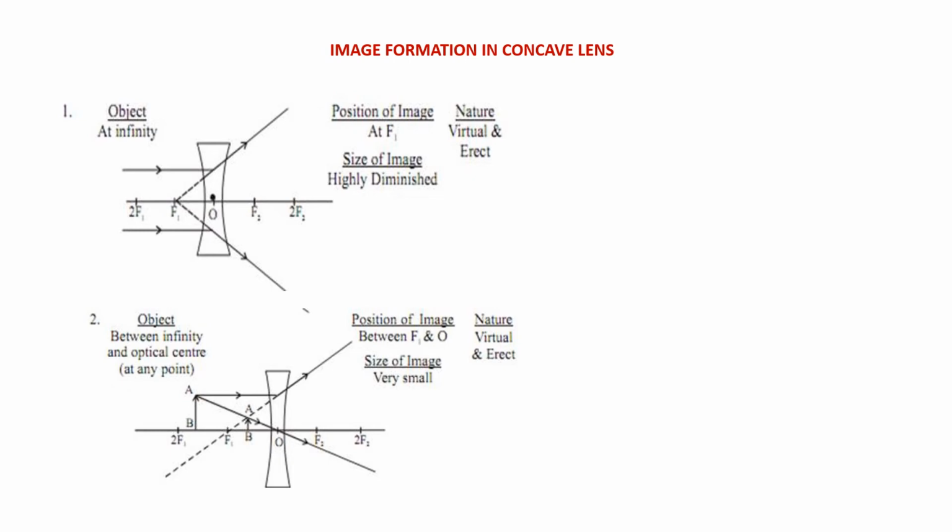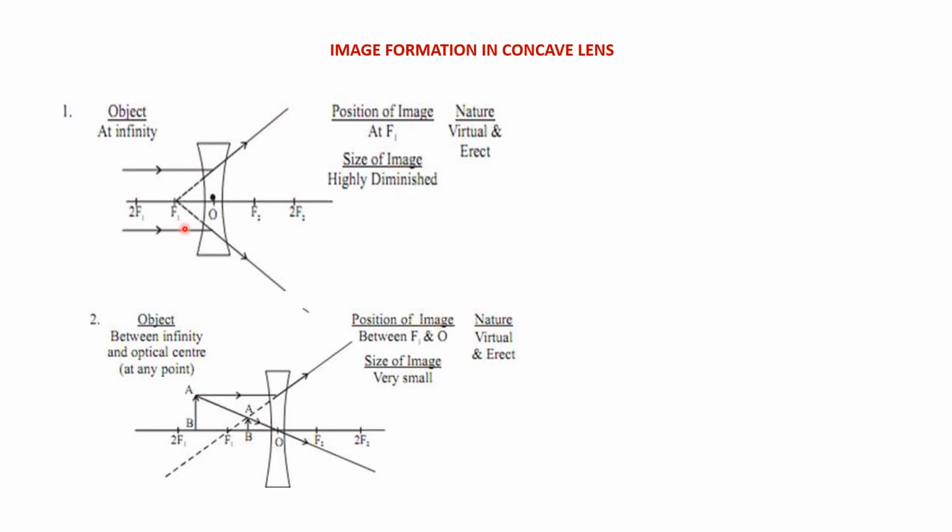Here the two rays are coming from the object which is kept at infinity, right? Now the first ray which is parallel to the principal axis, this ray will get diverged after refraction. Take the second ray also.